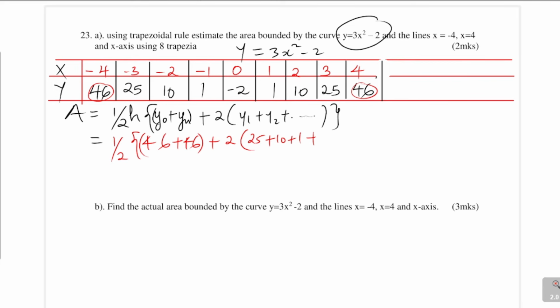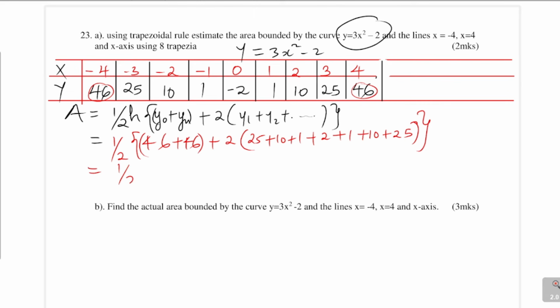But you're not going to consider -2, because this is the length of the trapezium. You consider the absolute value, which is 2, not -2, plus 1 plus 10 plus 25, all the middles. Then you close the bracket.